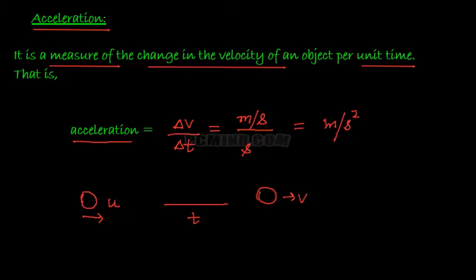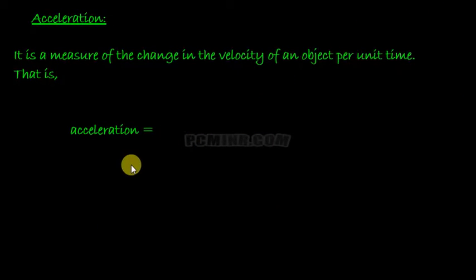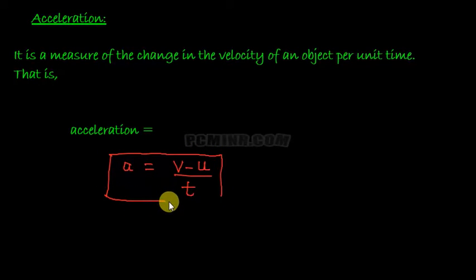The formula would be a is equal to v minus u, that is final velocity minus initial velocity upon time. So this is a very, very important formula, a is equal to v minus u by t, which we are going to use further to derive more equations.